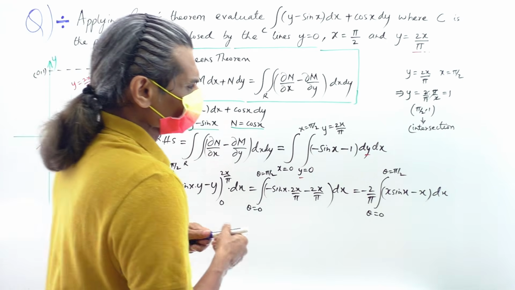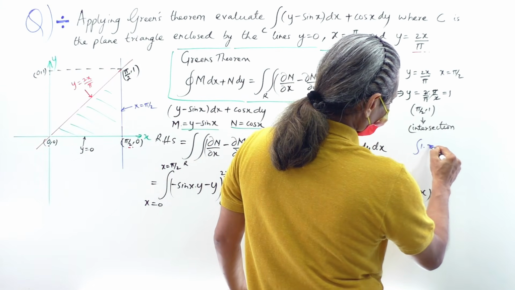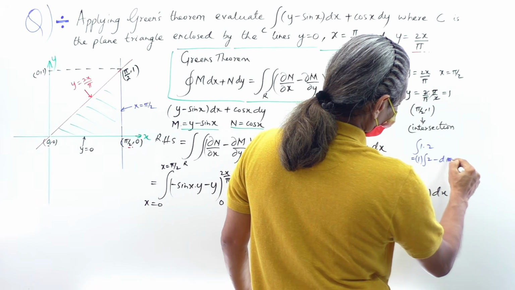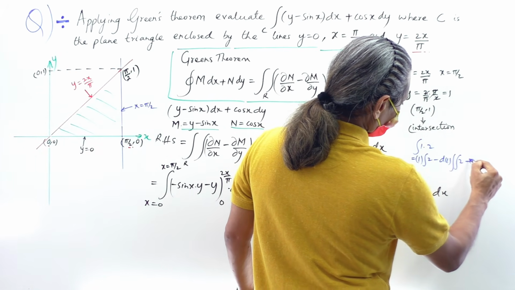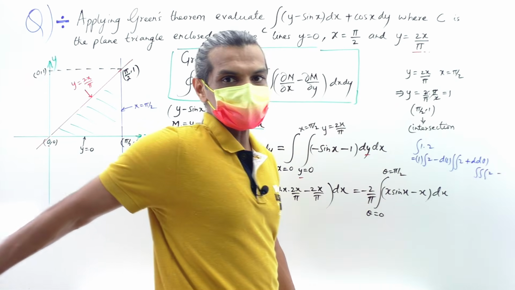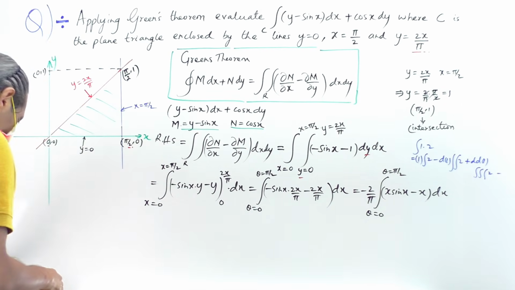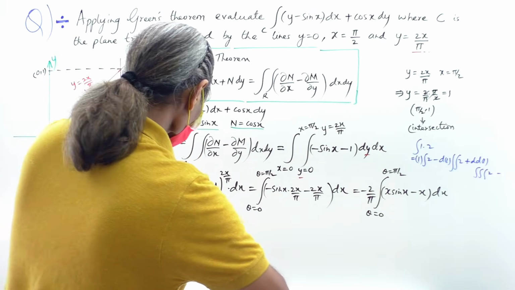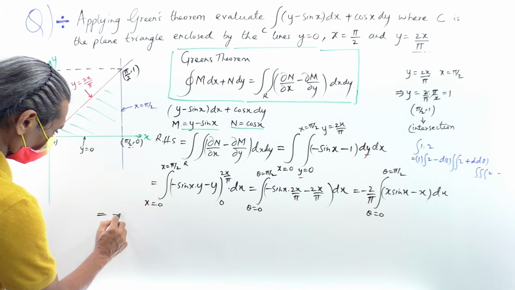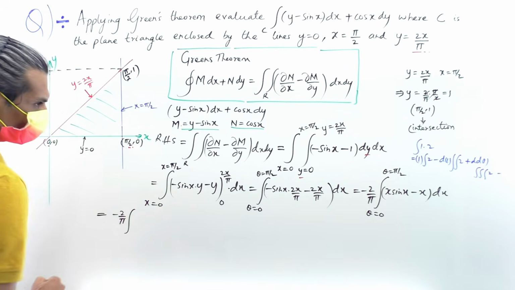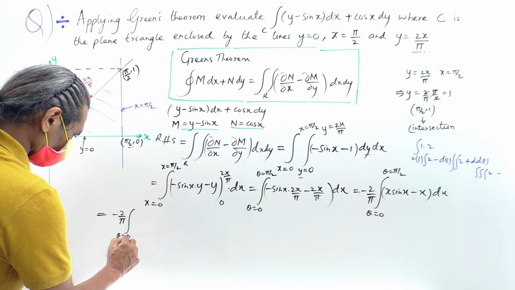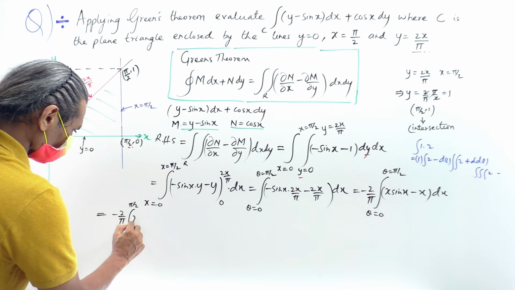It is very simple: the integral of first into second function is first as it is, integrate second, minus differentiate first, double integrate second, plus double differentiate first, triple integrate second, and so on. That is Bernoulli's theorem. We can use that because of x into sin x. To make things easier, I will separate it and write it as minus 2 by pi, integral from 0 to pi by 2 of x sin x.